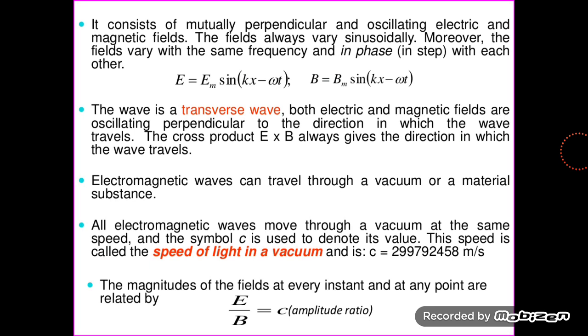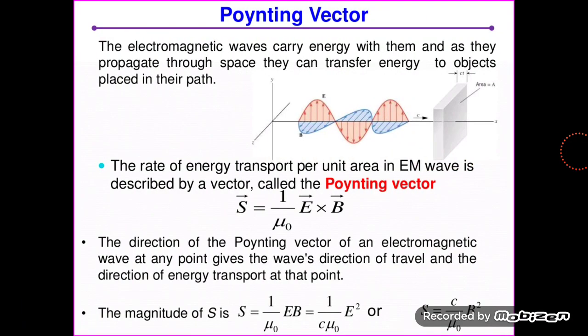All electromagnetic waves move through a vacuum at the same speed, represented by the symbol c, the speed of light, which is 3 into 10 to the power 8 meter per second. The magnitude of the field at every instant and at any point may be related as E by B, which is always equal to c, the amplitude ratio.